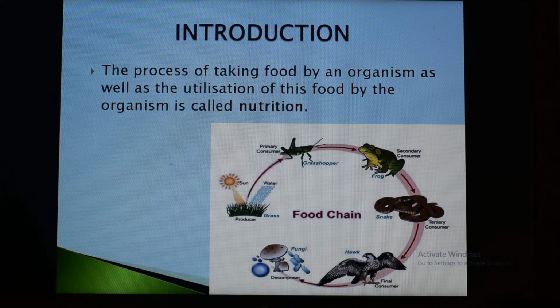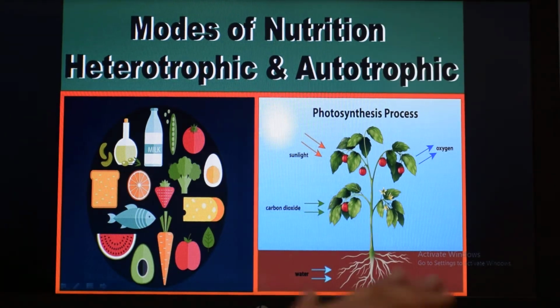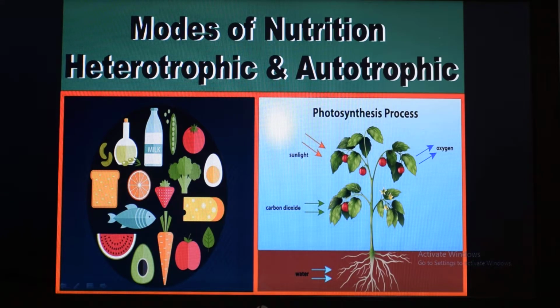What are the two modes of nutrition? The two modes of nutrition are autotrophic and heterotrophic. What does the term mode of nutrition suggest? The methods of obtaining food are called modes of nutrition.